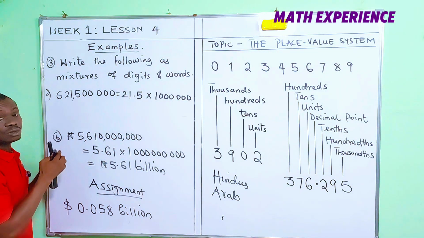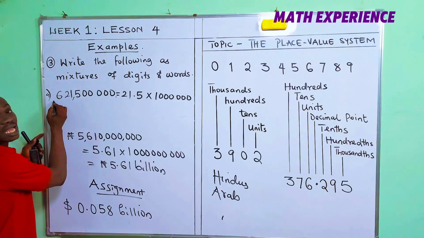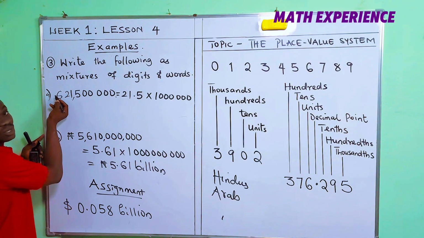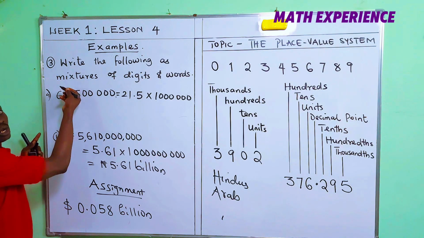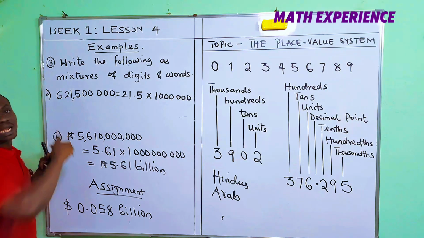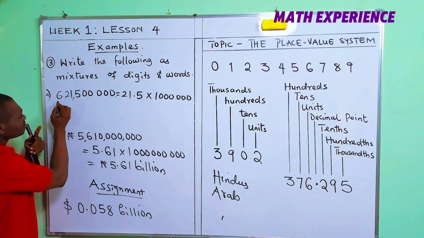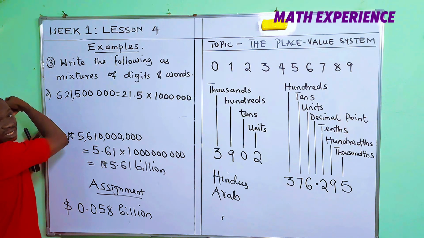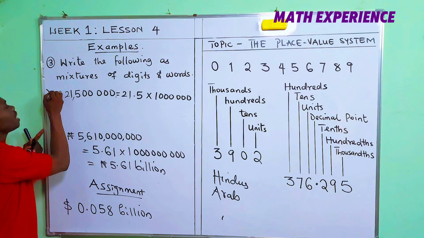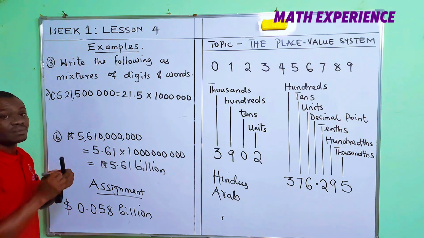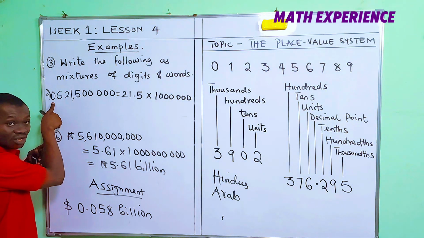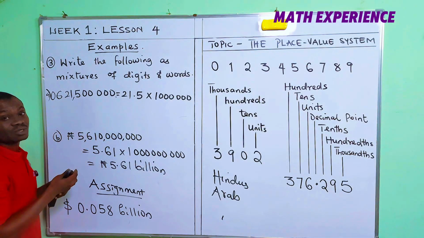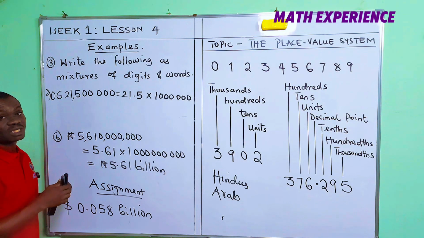So what will you do? Since it is into 100, then you know that the next is going to become the unit of the bigger number. So after 100 million, the next thing you get will be billion. So you add zero. So that means this is 0 billion 621 million 500,000.